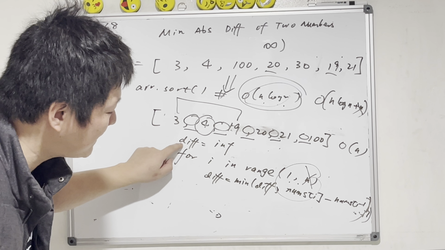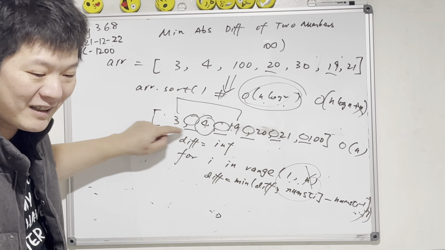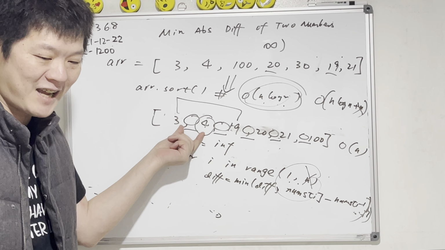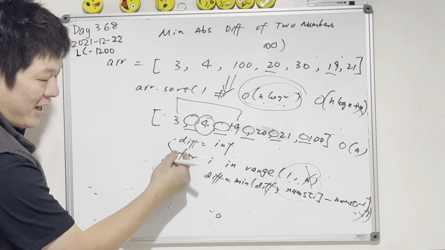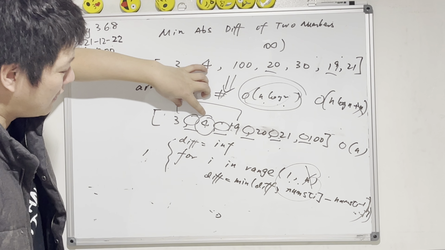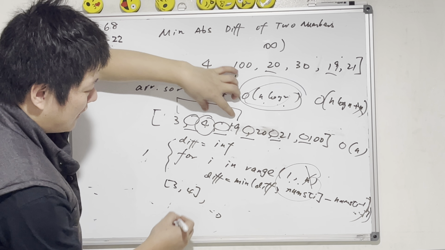Okay, so once we have this minimum difference, now we need to go through this array again. If the difference equals the minimum difference, I add the pair. After this, the minimum difference will be 1. Eric, the difference is 1. So I put the pair 3, 4. This one?